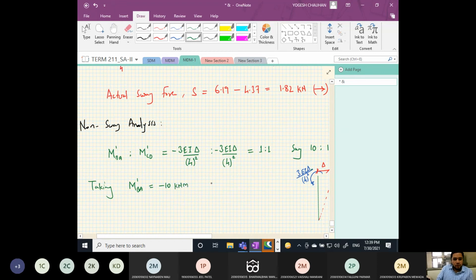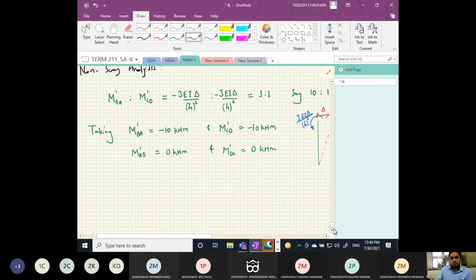And MCD dash equals -10 kilonewton meter. Okay, and MAB dash will be 0 because A is hinge support. MDC dash will be equal to 0.